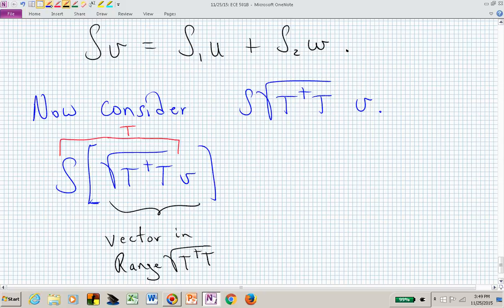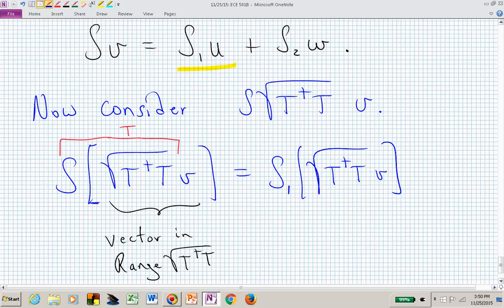And that, in fact, says, oh, if we have a vector in the range of the square root of T dagger T, that now is only going to be impacted by this piece that's in the two-piece decomposition of S. So that now we have S square root of T dagger T v is then equal to S1 positive square root of T dagger T v.